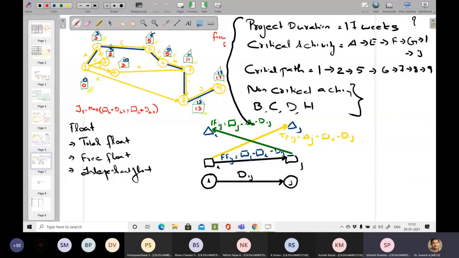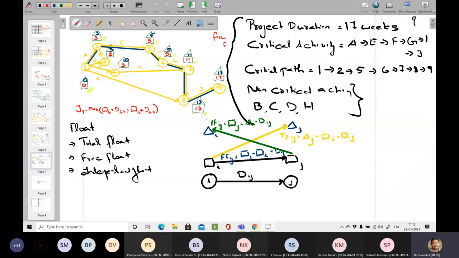The total float gives the excess in time span defined from the earliest occurrence of event I to the latest occurrence of event J. So that is how long you can delay the start and can finish it at the end in the correct manner. That information you can get from total float.